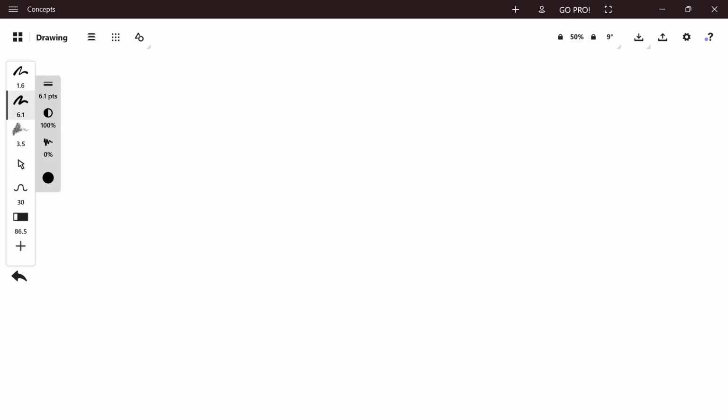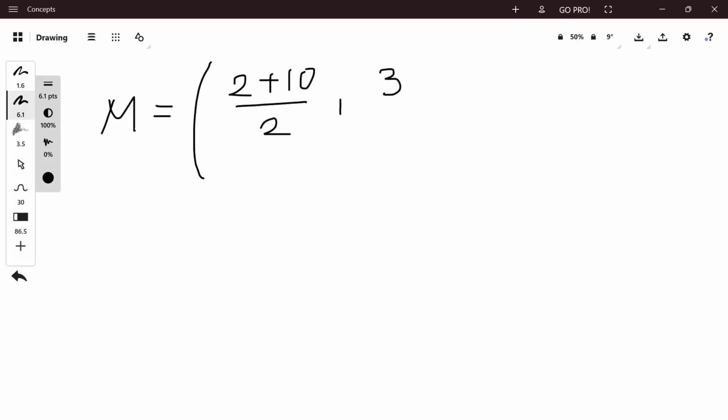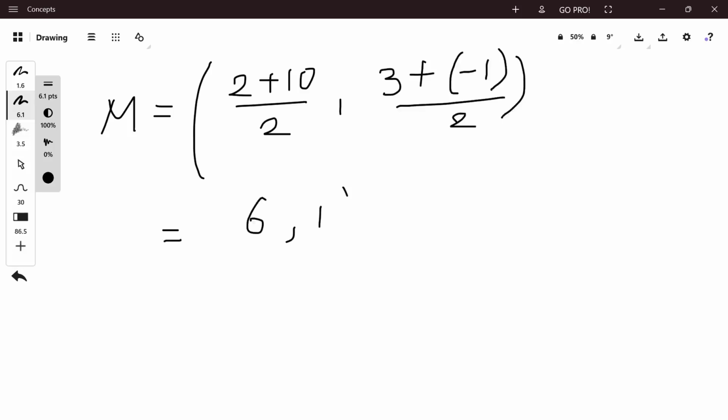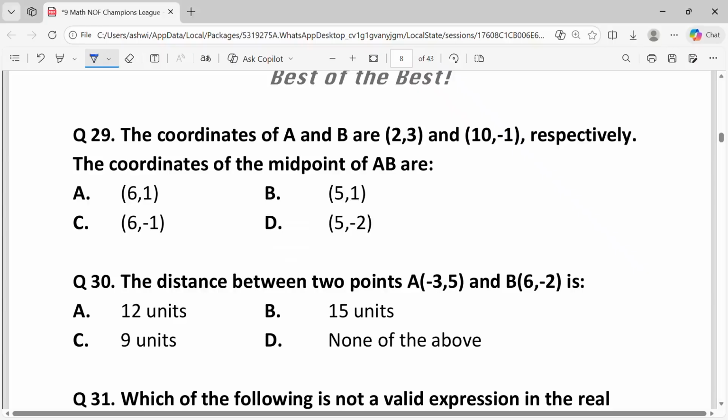Substituting with the given coordinates, we have M is equal to (2 plus 10 upon 2, 3 plus minus 1 upon 2). That is (6, 1). Comparing with the given options, the answer is A.